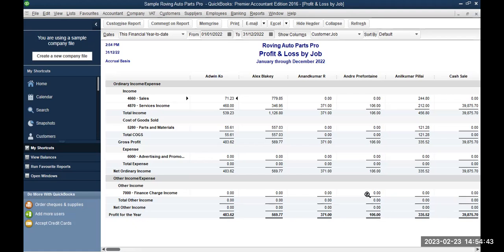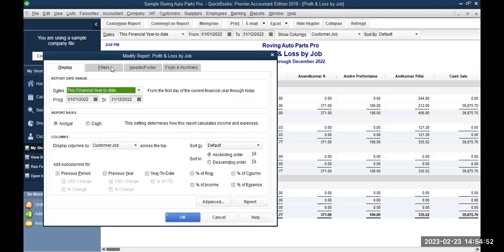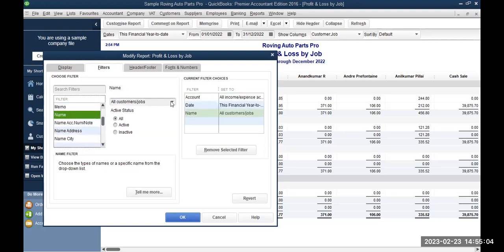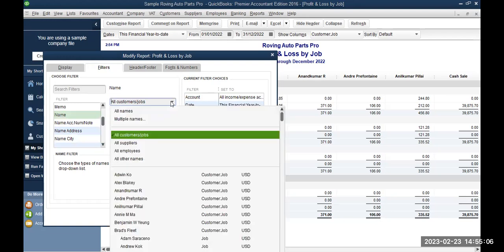And of course, you can just pick only one customer. As I showed you previously, you come to customize report and you filter, and assume I just want to see one customer. So I scroll down to the customer name. I go to name. Under names, instead of choosing all, I'm going to choose one particular name.